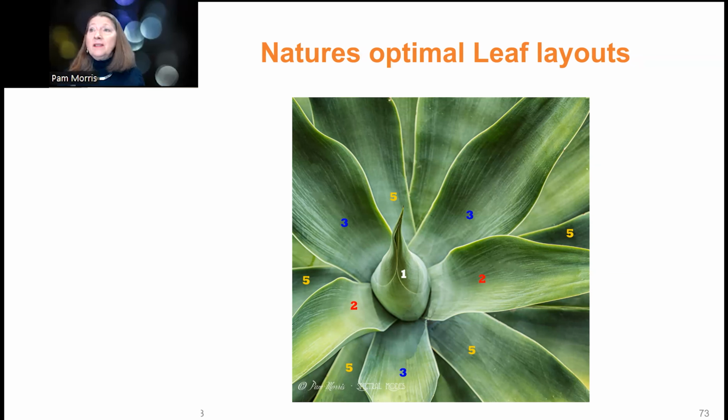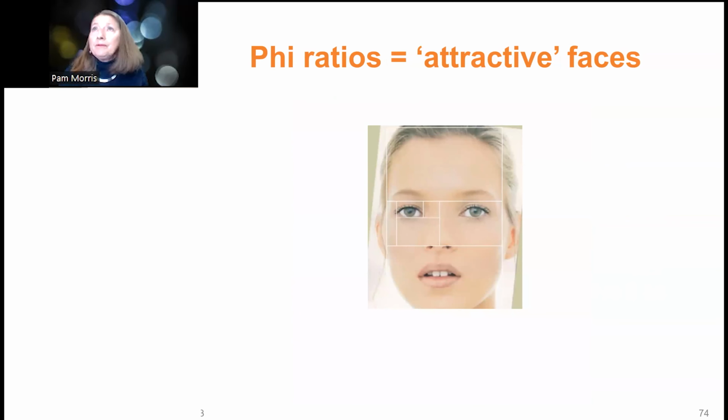So I just went through my pictures of flowers and things and found examples of these Fibonacci numbers being used in how petals are arranged within flowers, how leaves are arranged within succulents and cacti.